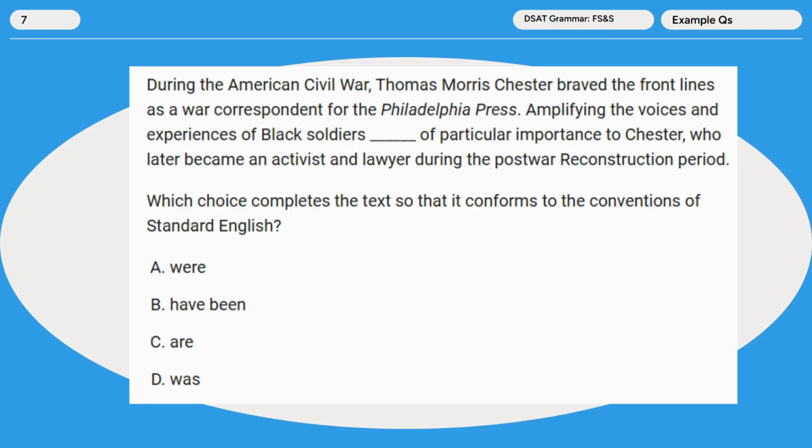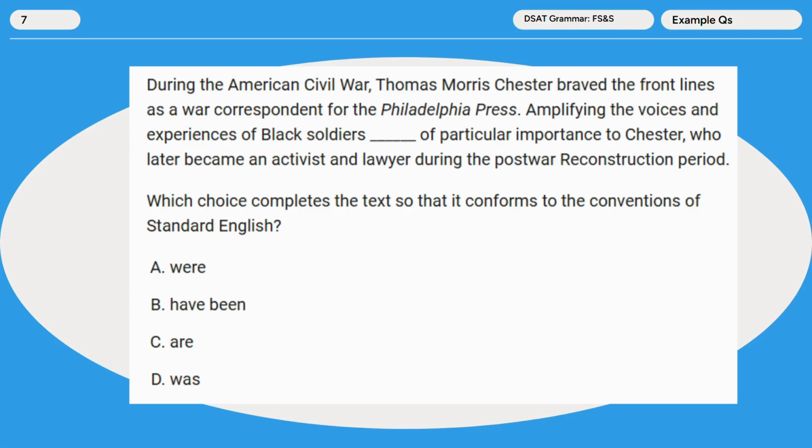So the first thing I want you to do is identify the simple subject of this sentence. Okay, if you chose amplifying, you are correct. So in this case, amplifying, and then in this context, this took place in the past, so are is out.